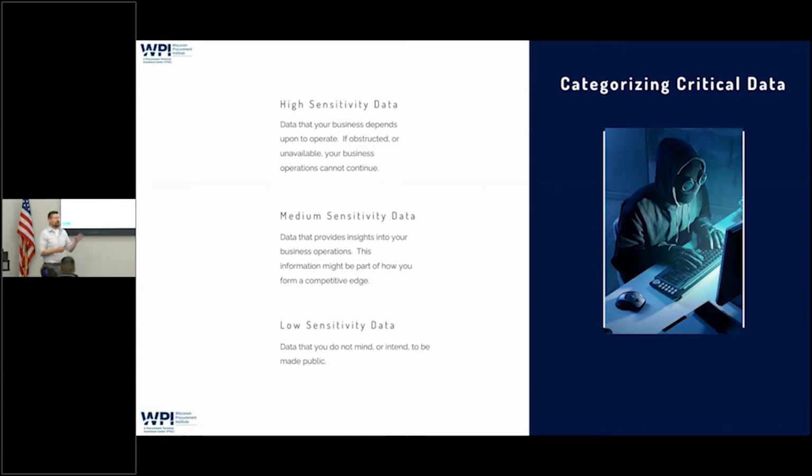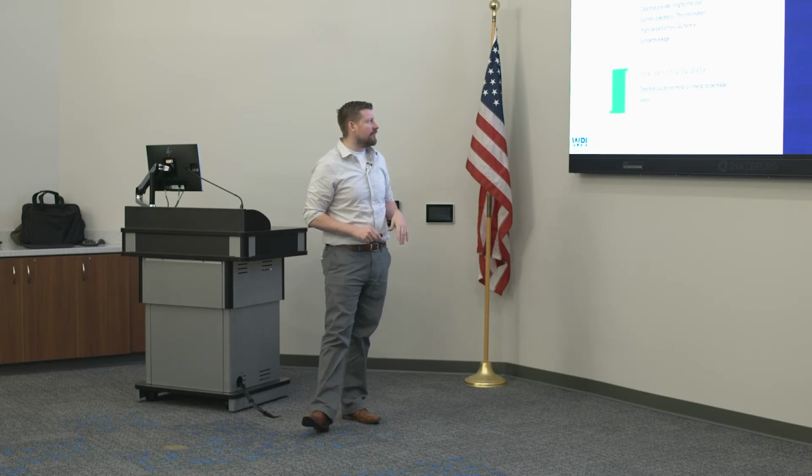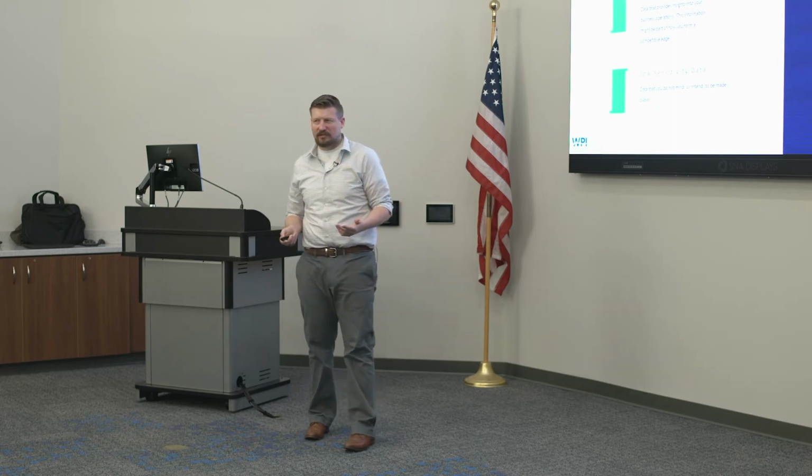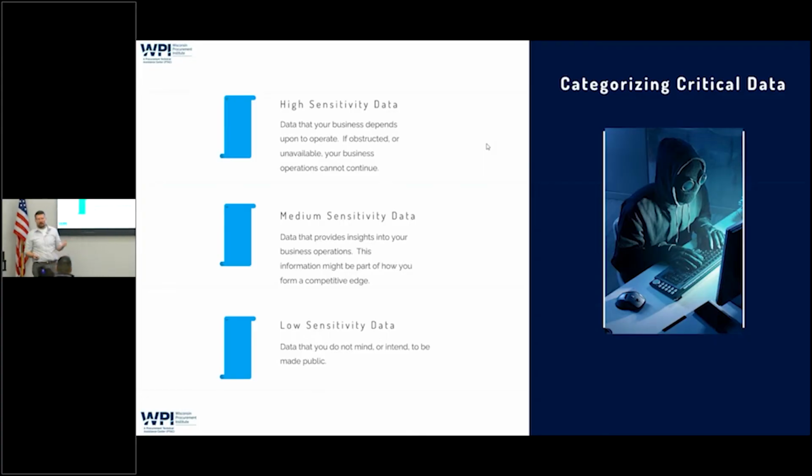You know, what are they beginning to use? I might not be able to see that price sheet that I really want to get a hold of, but I know they reference it here, here, here, and here. So these are probably that next tier. And then the low sensitivity data is data that you don't mind or you intend to make public at some point. And this is the stuff we don't really put a huge priority on protecting.